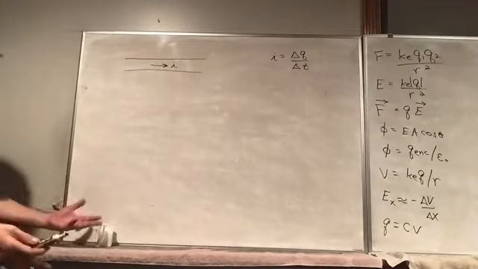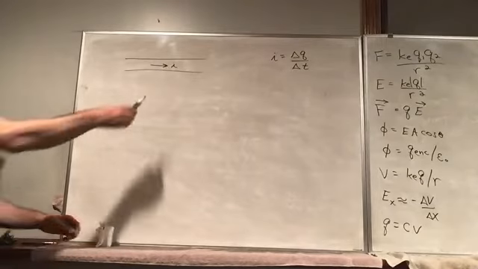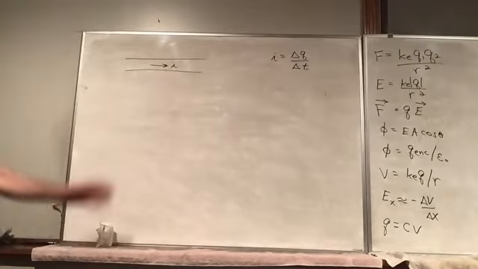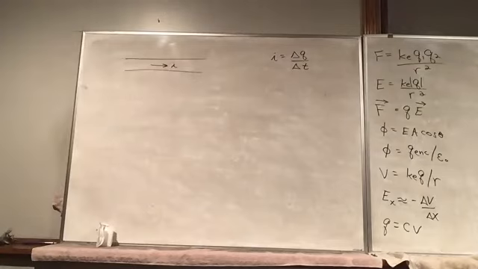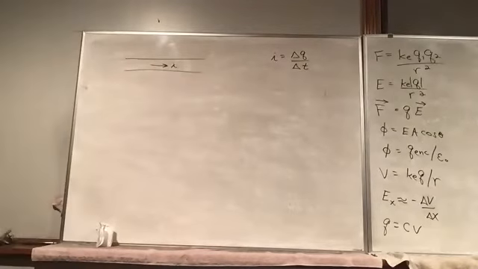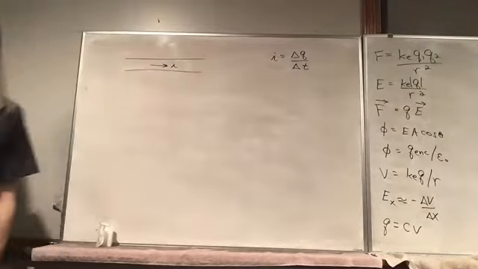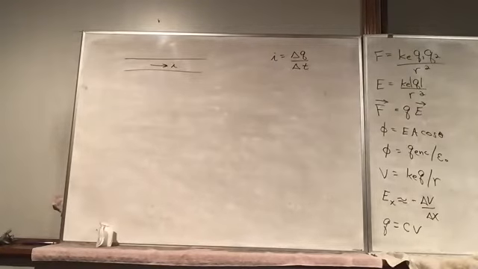But an even better picture would be negative charges moving in both directions. They just have a tendency to move to the left more than the right. So that would be a more realistic picture. This idea of charges flowing down the wire in a nice orderly fashion is not at all realistic.